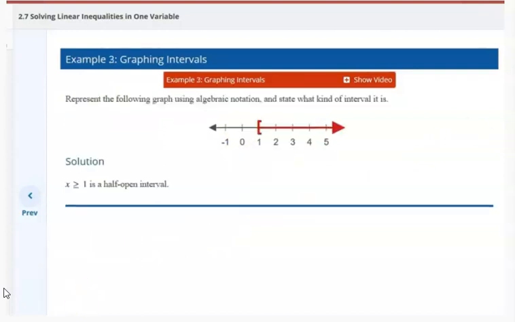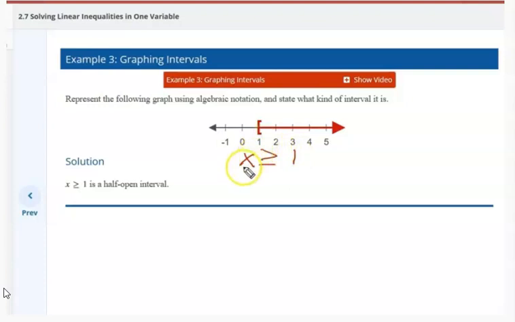All right, for example 3, again, a short number line. Now here, it says, what does this graph represent? So if we were to put it in algebra, we're going to say x. Now, what symbol would you use here? Greater than, or equal to? Well, because of the bracket, it's going to be greater than or equal to, and then the number is listed as 1.